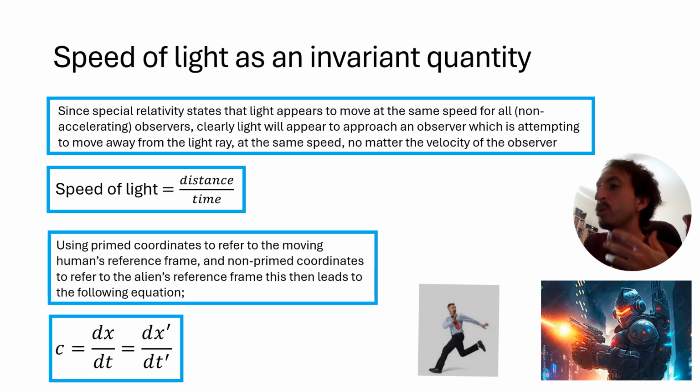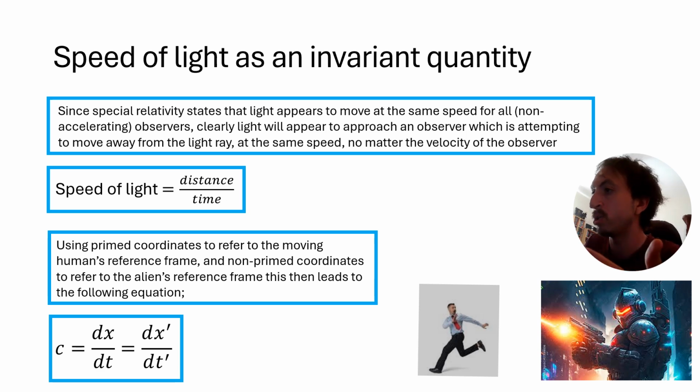The important thing is that if we treat the human's coordinate system, in other words its reference frame, as being the prime reference frame, and the alien's reference frame as being the non-prime reference frame, so it has coordinates without dashes above them, then we can always write this equation where dx, or dx prime, measures the distance the light beam has moved, and dt, or dt prime, measures how long it has taken for the light beam to move that distance.